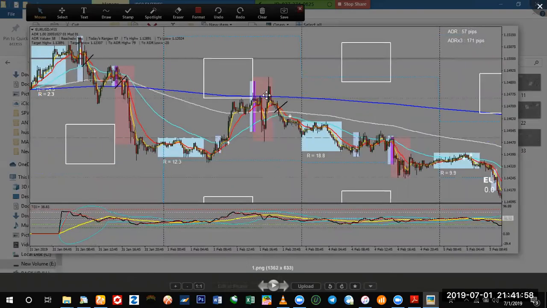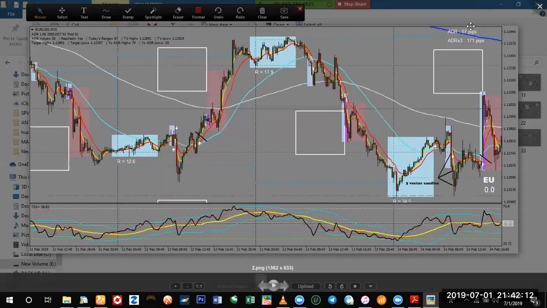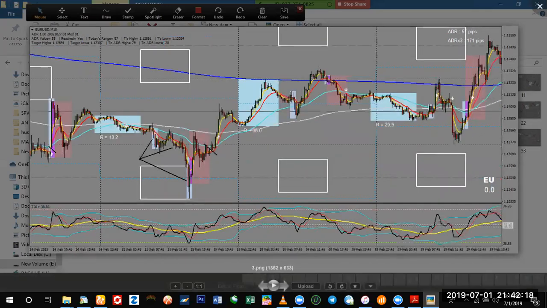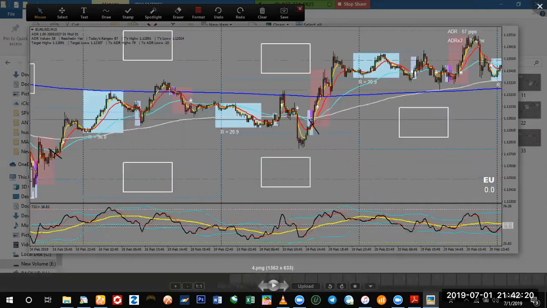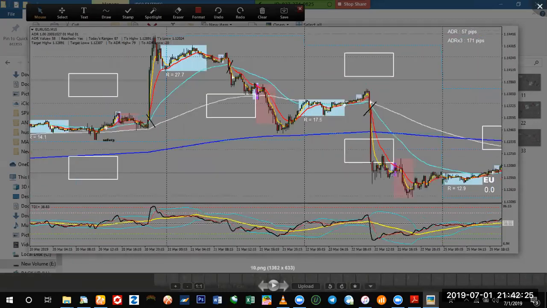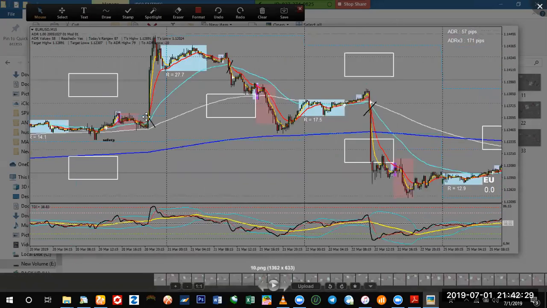This one, the markings that I show right now for the 15 minutes time frame, is an example of a news peak.